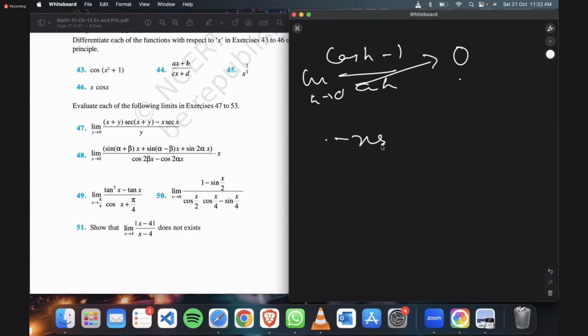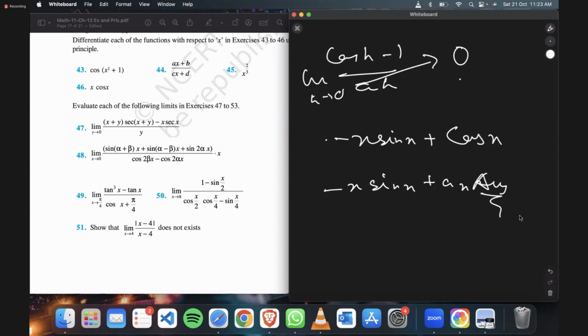So minus x sin x is there, and plus cos(x+h), limit h tending to 0, so there's a plus cos x term as well. So I'll be left with minus x sin x plus cos x. So this is your answer.